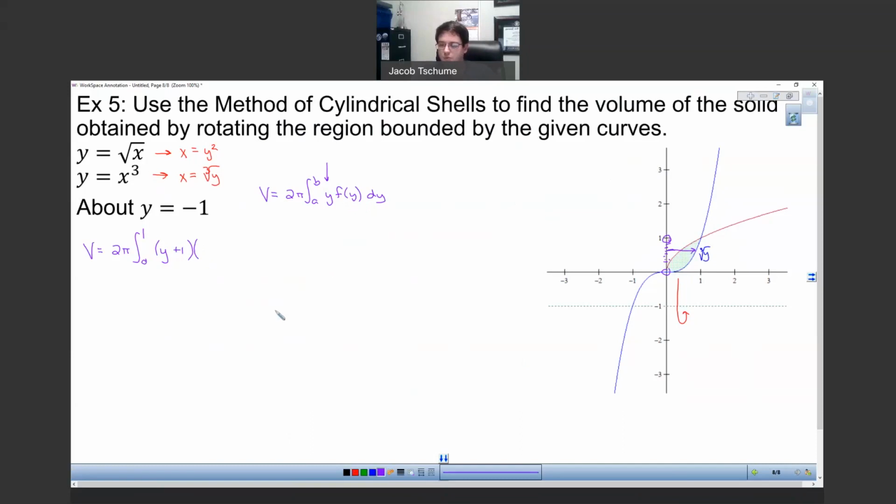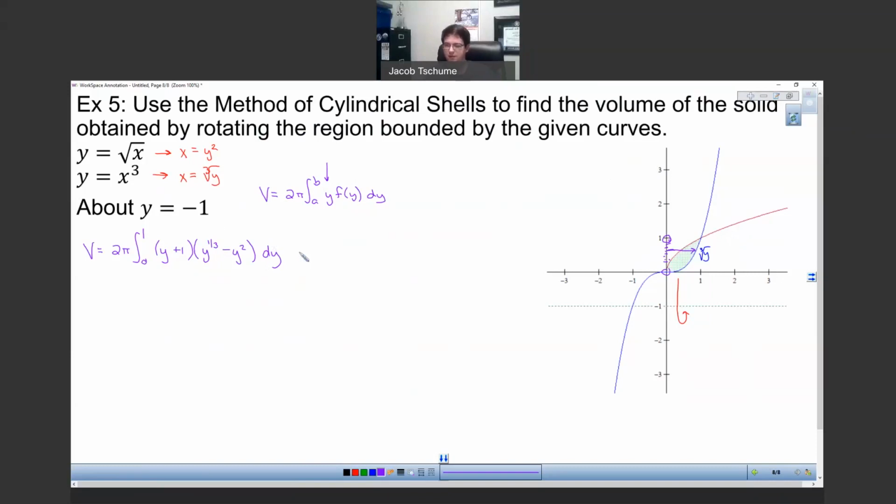The cube root of y can be rewritten as y to the 1/3, minus your inner function, which is the square root graph. But after we converted it, it became y squared. After all the manipulation, this is what you end up with. So we adjusted the shell part and we adjusted for the washer method technique.